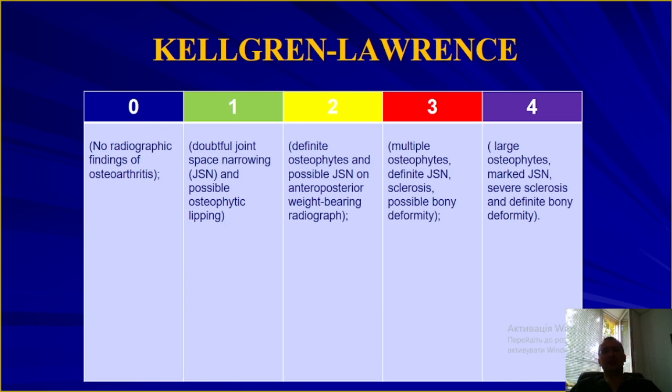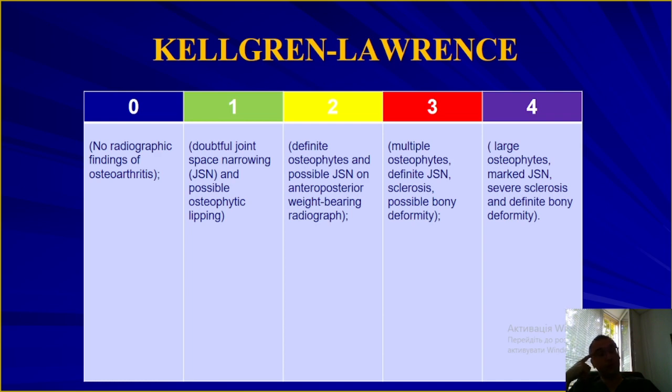The first stage is doubtful joint space narrowing and possible osteophytic lipping. So what is doubtful? It means that you are not sure whether the joint space is good or not. What is joint space at all on X-ray?